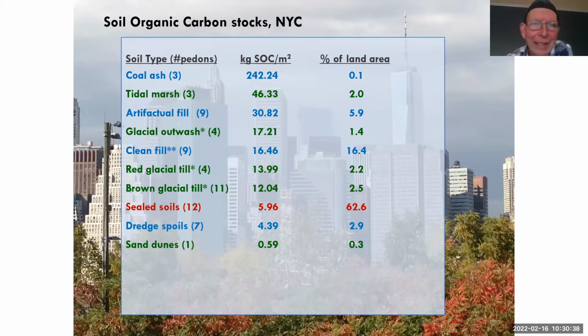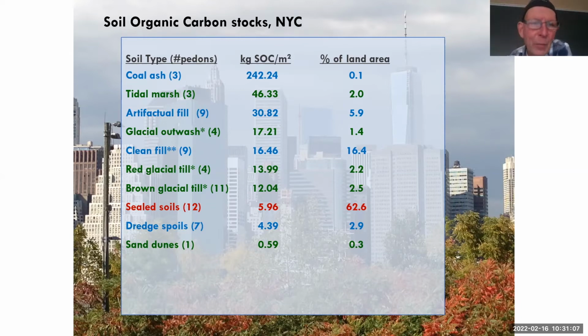So here are the organic carbon stocks in these soils. Okay. And I have them listed in order of the amount of carbon, kilograms of soil organic carbon per square meter. And of all the soil types, the coal ash soils have the most soil organic carbon.